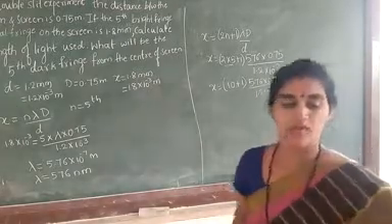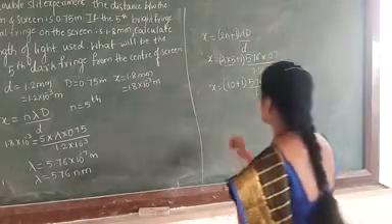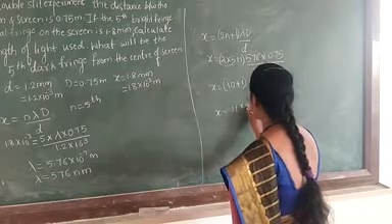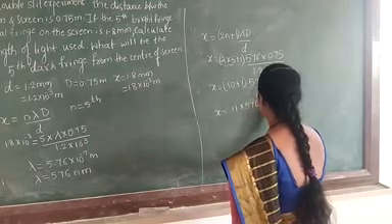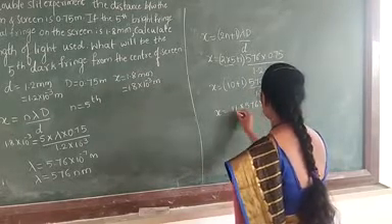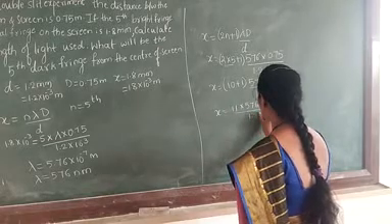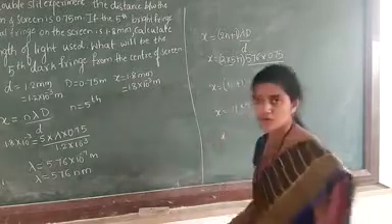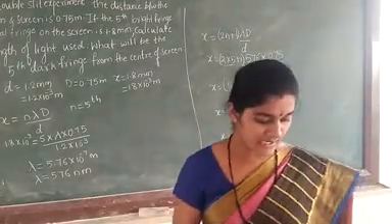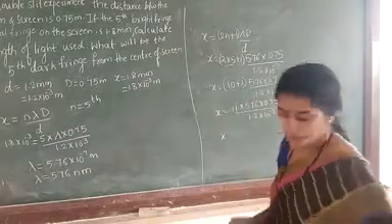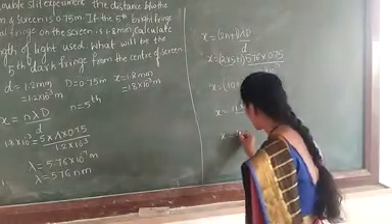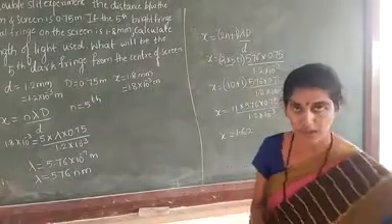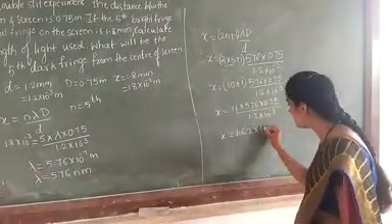Or this can also be written as x is equal to 11 into 576 into 0.75 divided by 1.2 into 10 raised to minus 3. Therefore, in the calculation of x, we are getting the answer as 1.62. The total answer: x is equal to 1.62 into 10 raised to minus 3 meter.